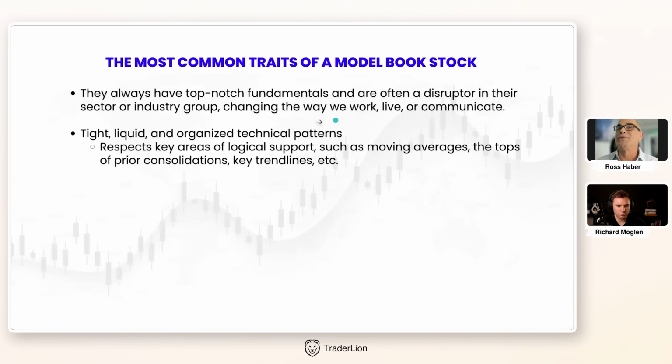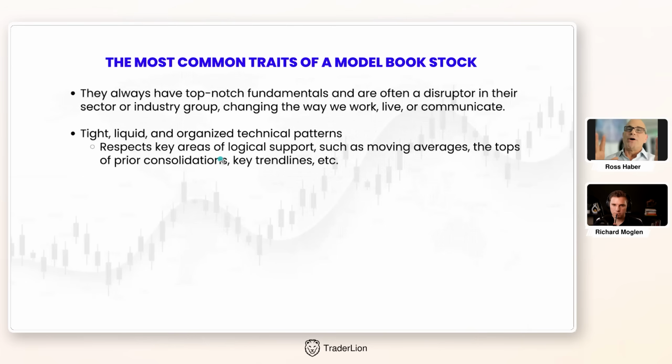When you disrupt like Apple does, then you have more money than many nations on the planet, I guess is how that works. And then the other thing I noticed: tight, liquid, organized technical patterns, like I said, that respect key areas of logical support, moving averages, highs and lows, gaps, important price and volume bars.